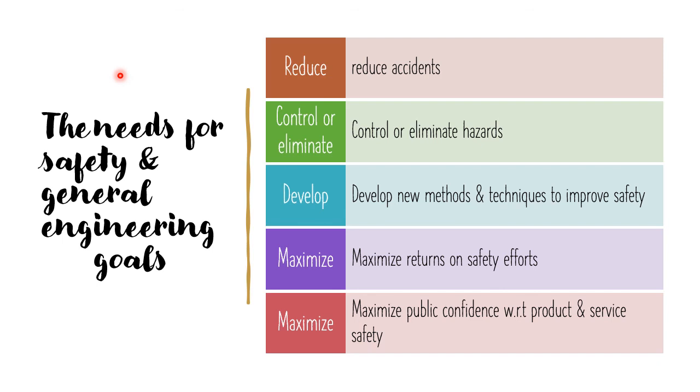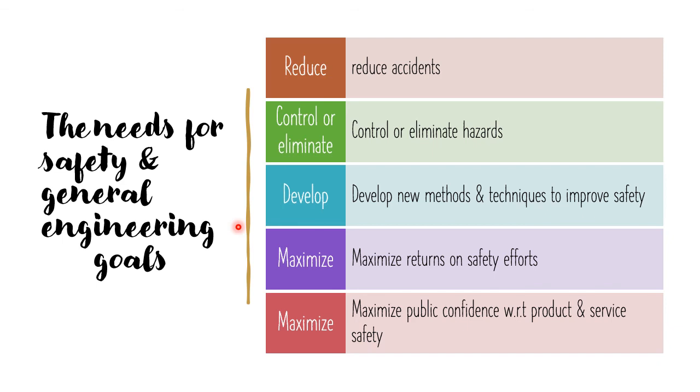Okay, the need for safety and general engineering goals. The general engineering goals: we want to reduce accidents as far as possible, and if there is a hazard, we need to control or eliminate the hazard. And then we need to develop new methods and techniques to improve safety.